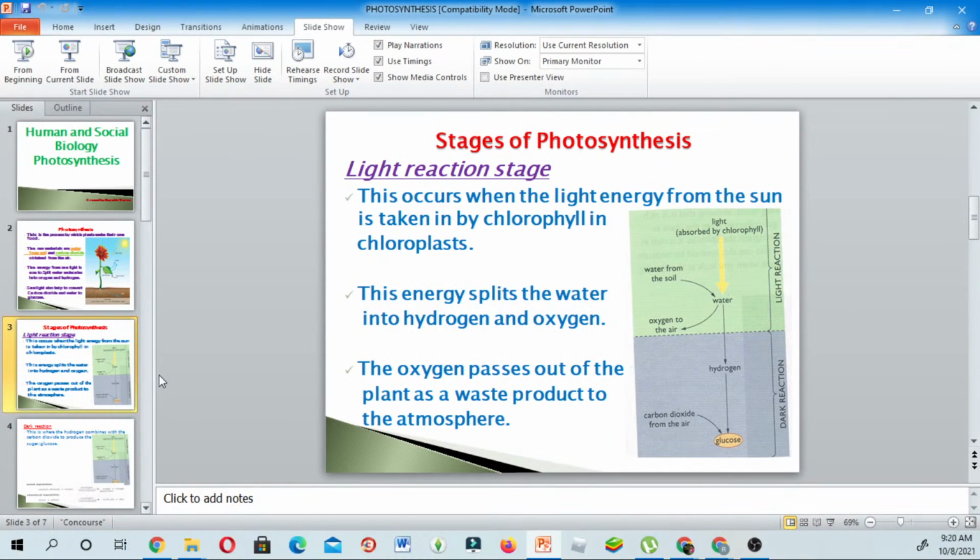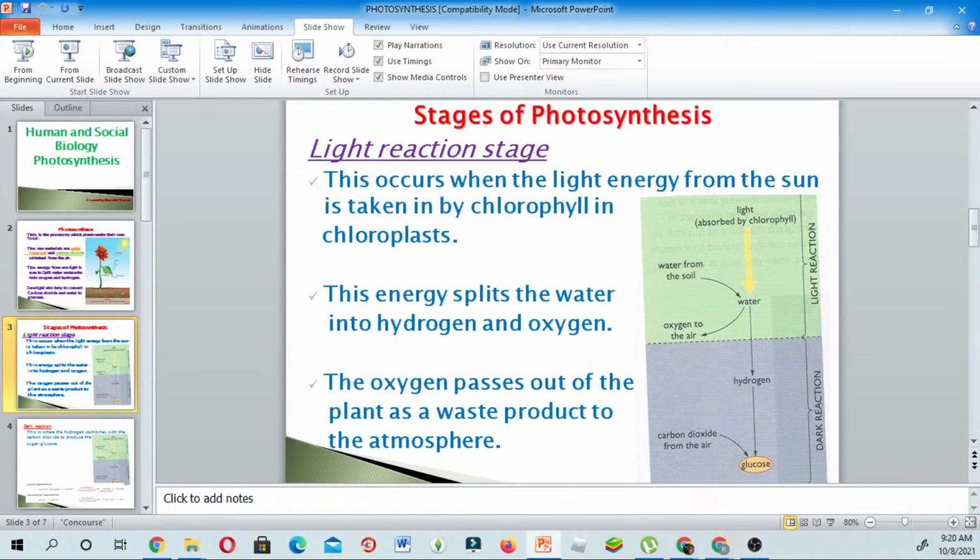Now, this process normally takes place in two stages. We have a first stage that is called the light reaction stage, and the second stage is known as the dark reaction stage.